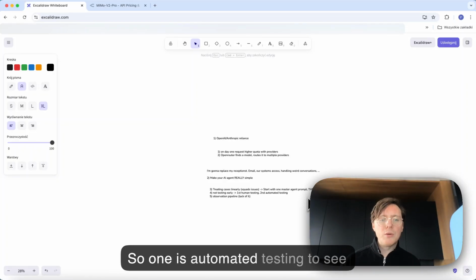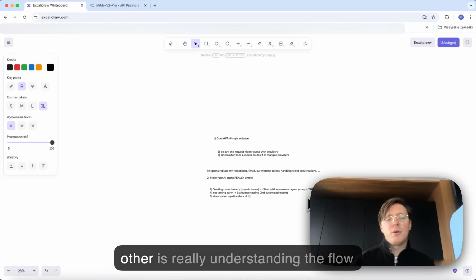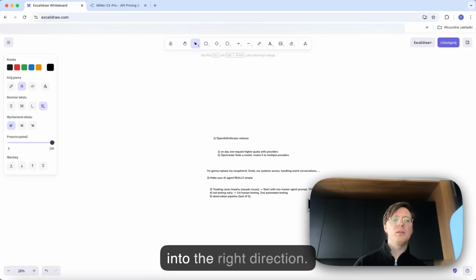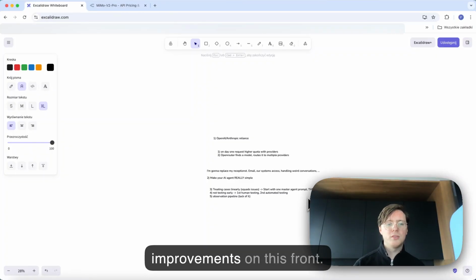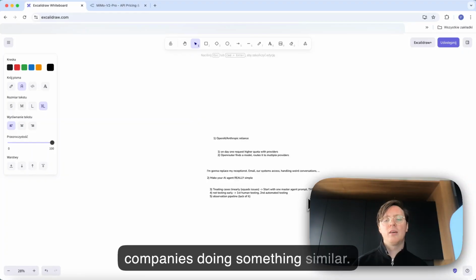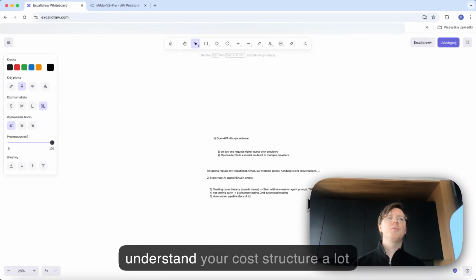One is automated testing to see whenever something breaks, but the other is really understanding the flow of the calls, whether they're going in the right direction. There are also a lot of improvements on this front. Also Langfuse, and many other companies doing something similar. And this usually helps you understand your cost structure a lot more.